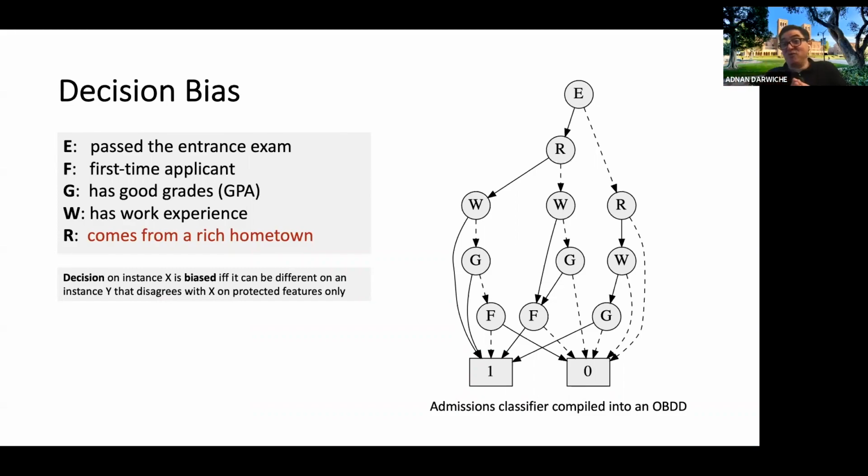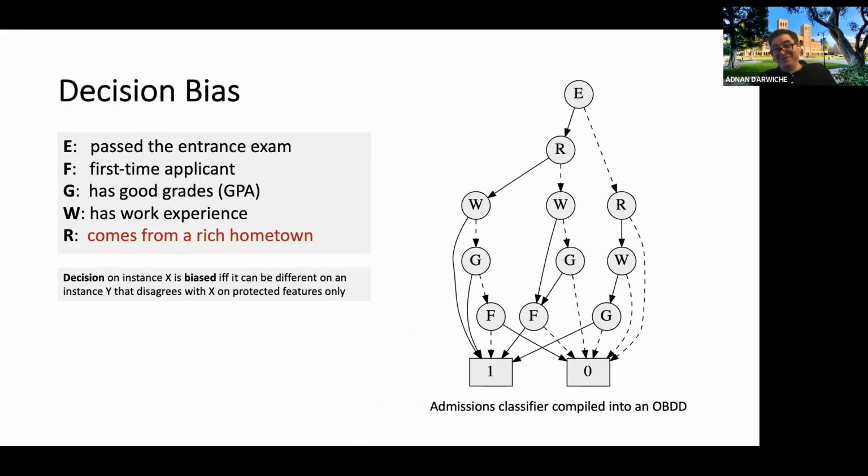So I give you an applicant and you say, admit them. They come from a rich hometown. If you would not admit them if I flip that feature, then it's biased. We can have more than one protected feature, of course. If you would change your mind because I've only changed the values of protected features, you're biased.